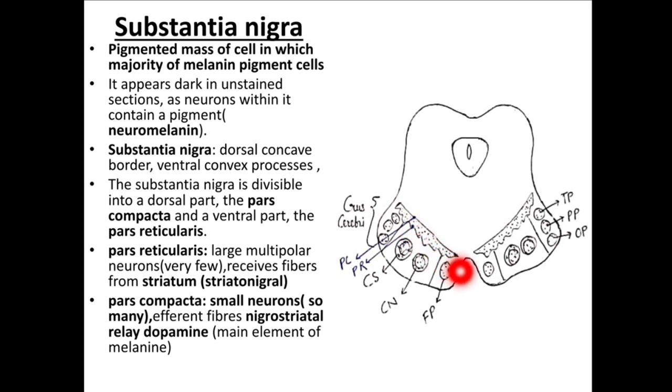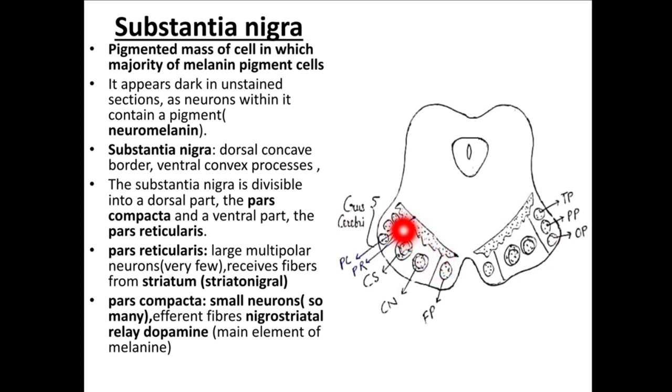and it gives processes. The substantia nigra is divisible into a dorsal part called the pars compacta and a ventral part called the pars reticularis. In pars reticularis, there are large multipolar neurons, few in number.